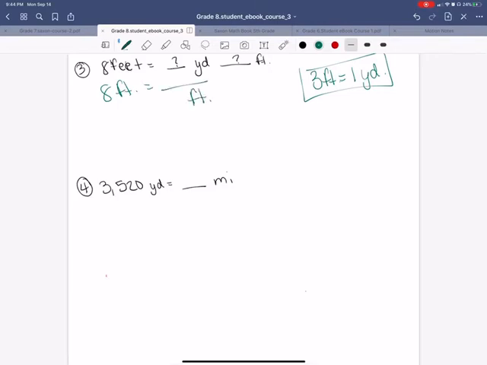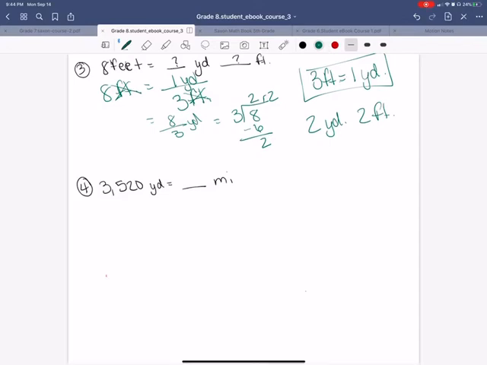So that's 3 feet, and then we have 1 yard. Our feet cancel out, and we'll have 8 over 3 yards. When we look at that, 3 goes into 8 twice, which leaves us with 2 remaining. So then we'll have 2 yards and 2 feet.